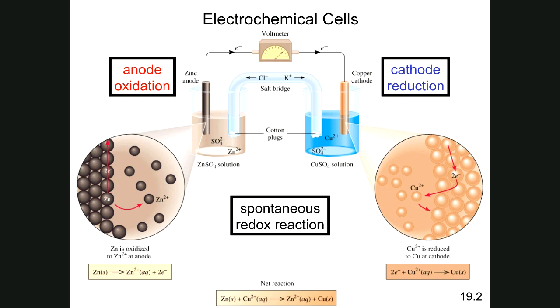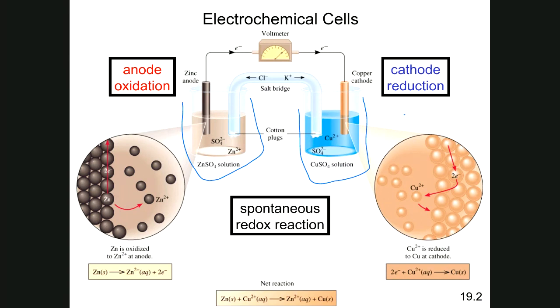So in one cell, reduction is taking place, and in another cell, oxidation is taking place. The cell where oxidation takes place is called anode, anode for oxidation, and cathode for reduction. Reduction takes place in cathode and oxidation takes place in anode.